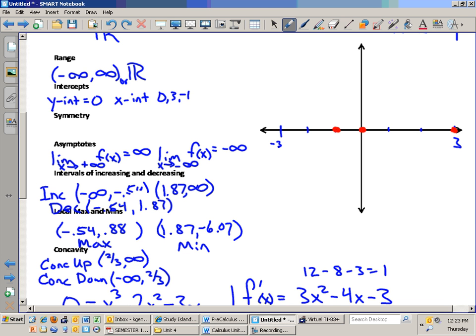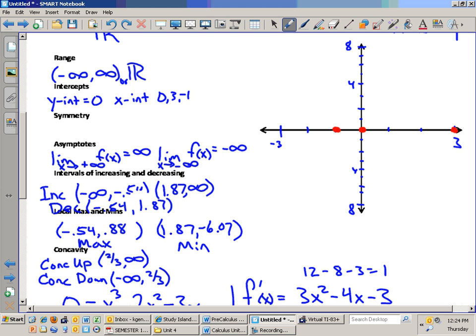For my y values, it looks like I go to a max value of 0.88 and a minimum of negative 6. So if I made this into eighths, I would be okay. So I'll go 8, 4. I'm dividing up my axis so I get a nice graph here. My minimum value is a negative 6 and my maximum value is a positive 0.9 for my local spots. So that's going to give me a good place to draw my graph.